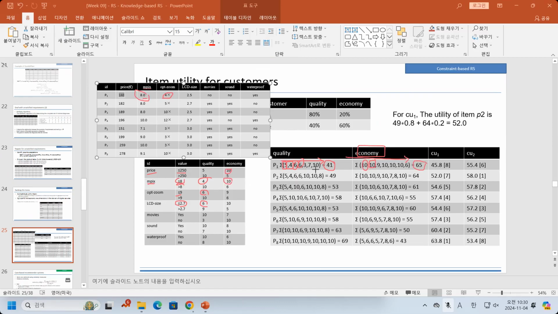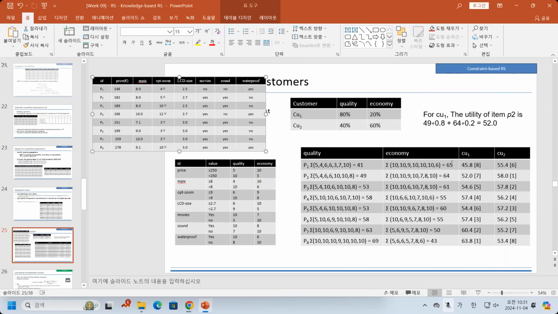And after we have this, we have 41 and 65. Then how can we get the CU1? The C1 means we need to check the requirement from the user. In this case, the customer specifies the quality is 80% and the economic is 20%.